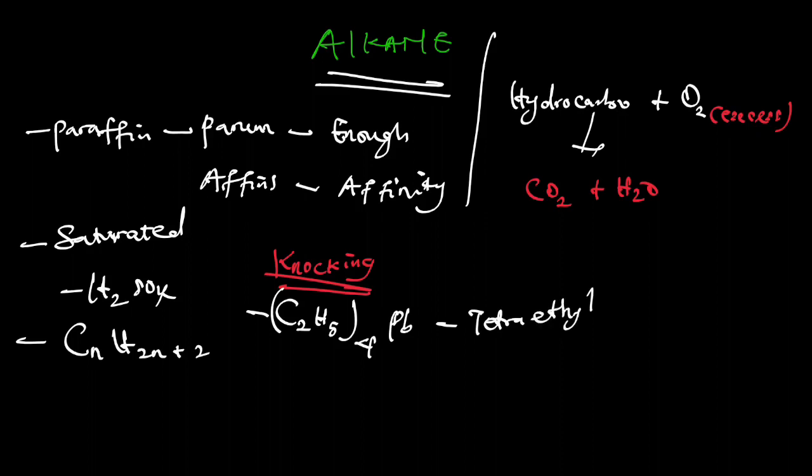Let me just write it, tetraethyllead. So by adding tetraethyllead to the petrol in the tank, it will help improve our fuel and the state of our engine. Did you get that?